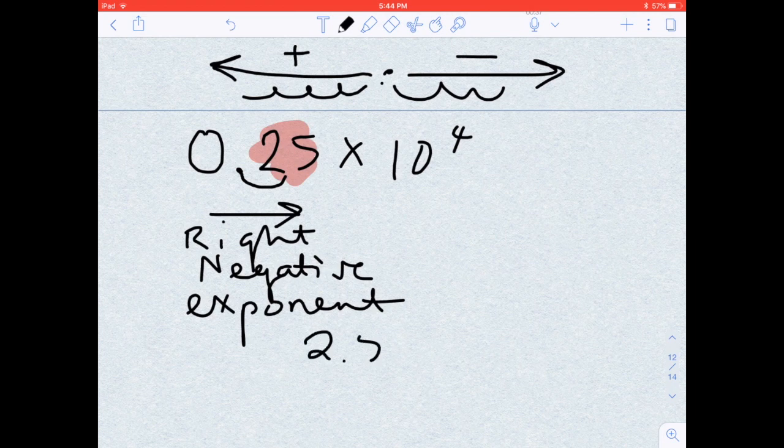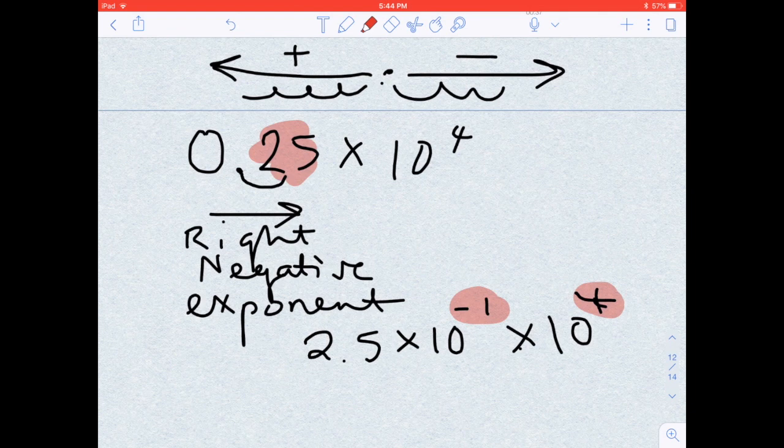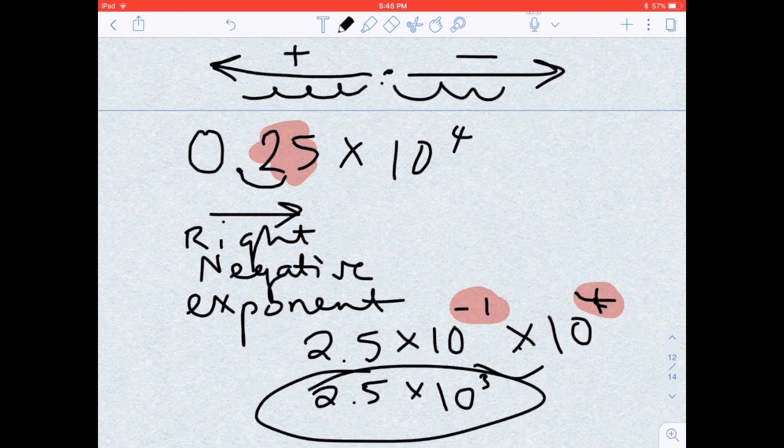So 2.5 times 10 to the negative 1 times 10 to the positive 4. I'm looking at the exponents on top of my base 10, and I'm going to simplify these. So I get 2.5 times 10 is my base, and then I add negative 1 plus positive 4, which gives me positive 3. And that's my answer. So that's a pretty simple lesson.